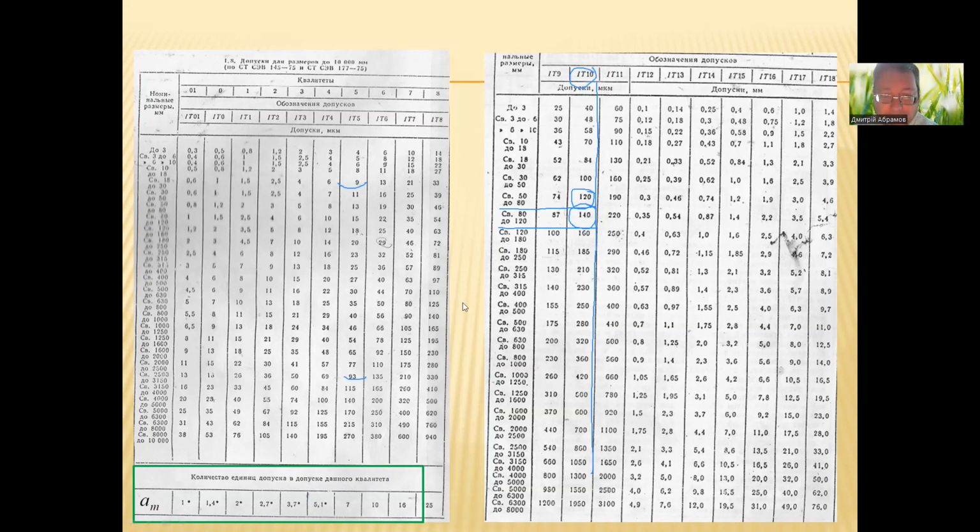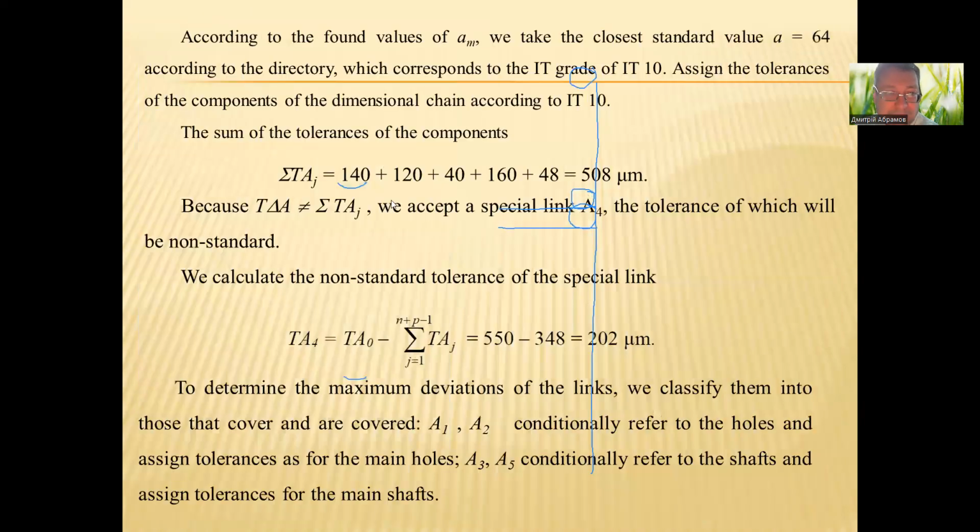And on the next slide we can see the tolerance field of this link. And the tolerance fields for the third link, the first link, and the fifth link, we choose using the same table.